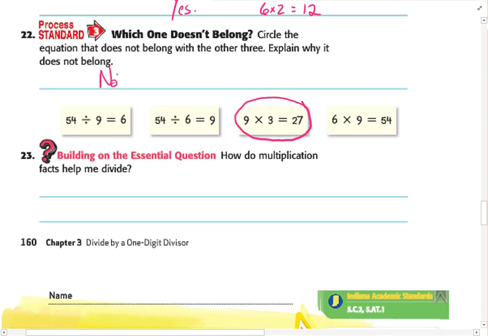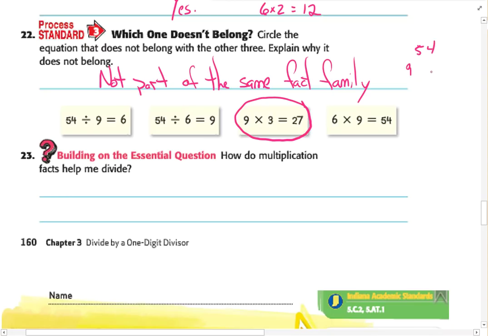This is not part of the same fact family. Because remember we had 54, 9, and 6, right? Because we can multiply or divide to get between each one of those, right?